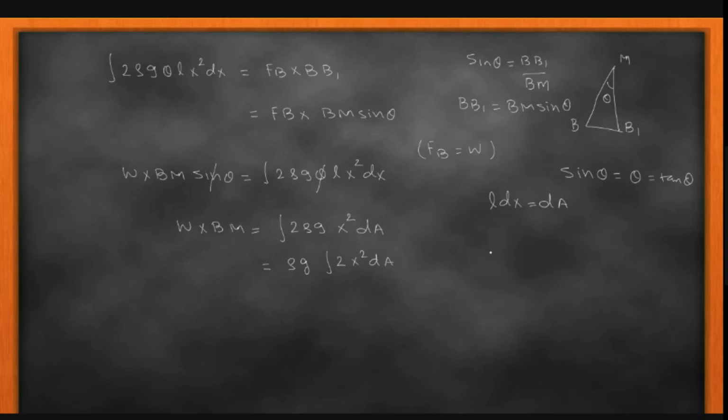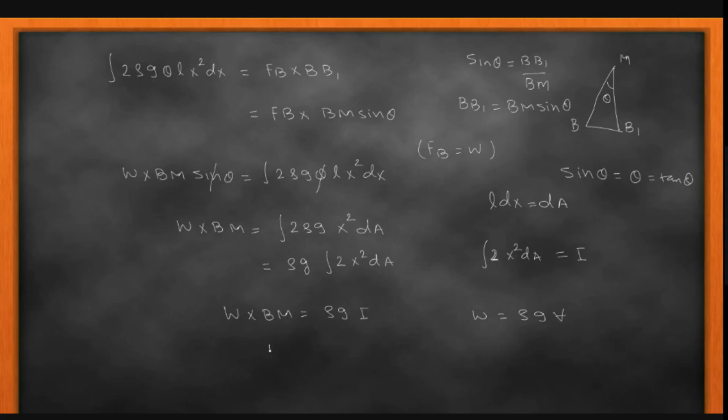Here the integration of 2x square dA is the moment of inertia of the elementary strips about the y axis, which is perpendicular to the plane of the paper. So we get W into BM equals rho g into the moment of inertia, and W is the weight of the body, so the weight equals rho into g into the volume.